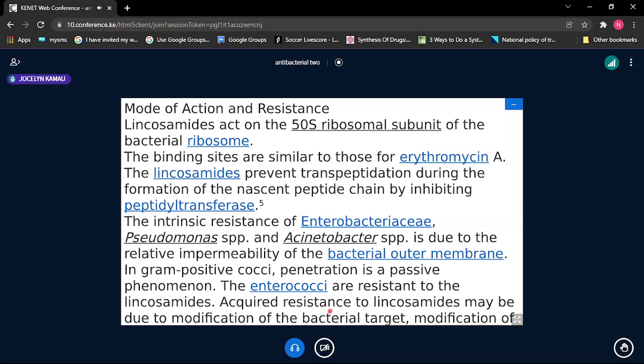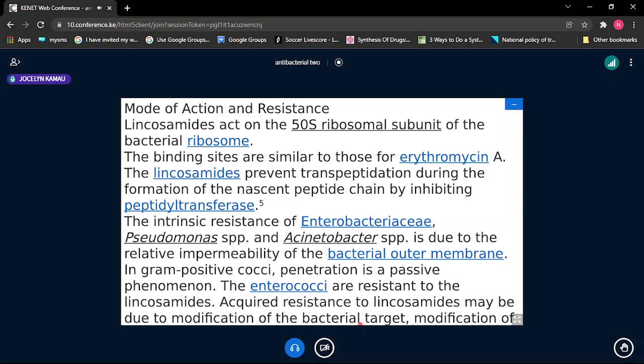Acquired resistance to lincosamides may be due to modification of the bacterial target. Remember, we did mention, even when we were looking at the sulfonamides and chloramphenicol, when we were doing antibacterial agents, antibiotics one, that sometimes the microorganism is able to bring about acetylation.